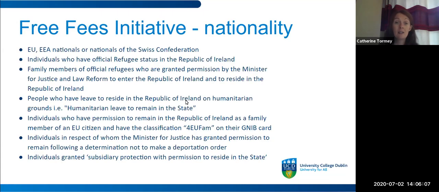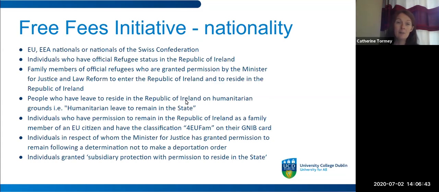So by nationality, a student must meet the nationality criteria of being an EU, EEA, or Swiss national, have official refugee status, or be the family member of an official refugee who is granted permission to reside, people who have permission to reside on humanitarian grounds, individuals who hold a 4EU FAM on their visa, individuals who the Minister for Justice has granted permission to remain following the determination not to make a deportation order, and individuals granted subsidiary protection with permission to reside in the state.